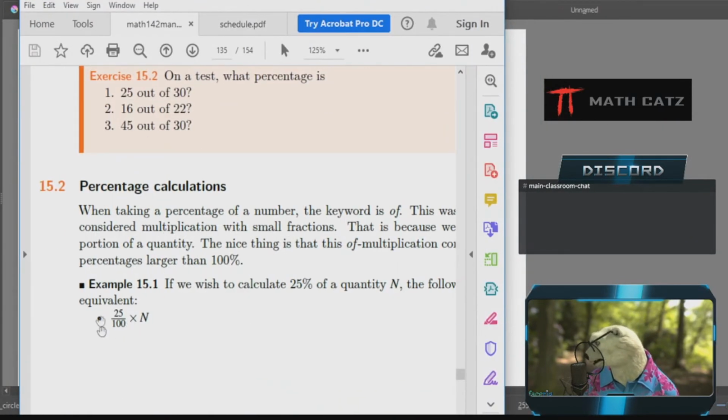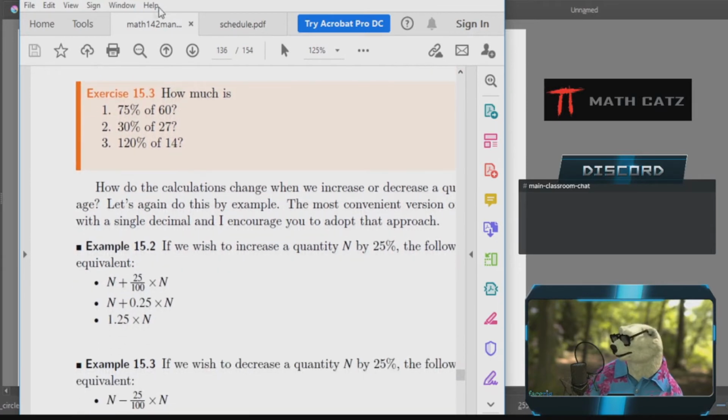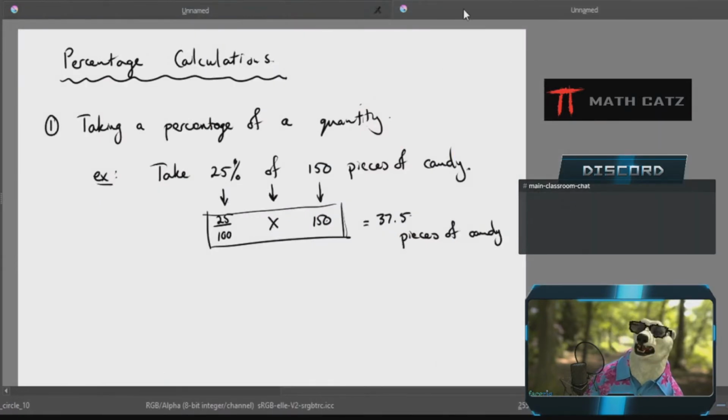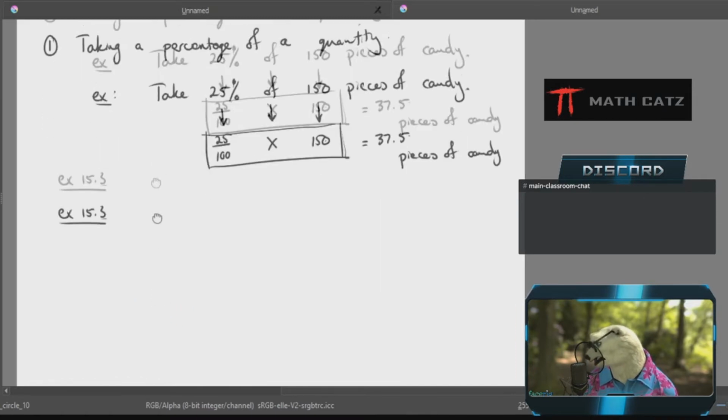So here I have 25% of a quantity. Let's keep that quantity open. Then it's just the fraction version times the quantity. Is there more? Oh, okay, so there is a little bit of an exercise for us to practice. But it's the first type of calculation for a reason. It's not overly difficult.